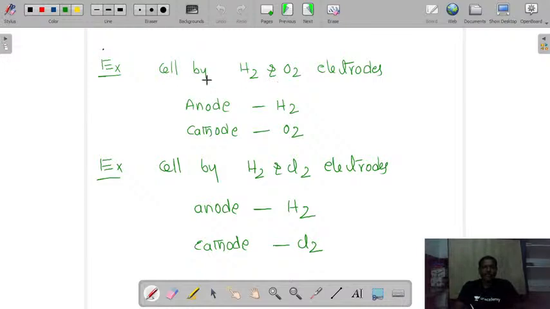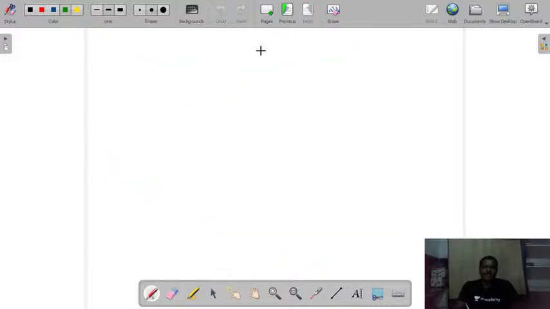Elements having high electropositive character are anode, low electropositive character are cathode. Okay, and next, a reversible galvanic cell must satisfy 3 conditions.